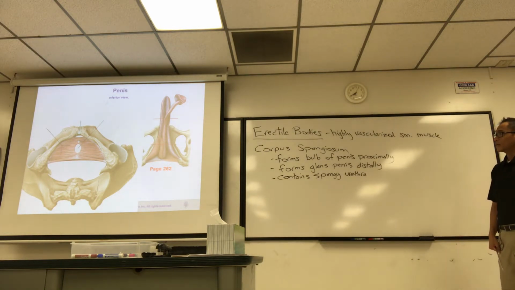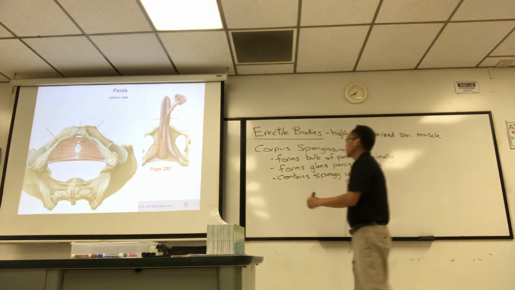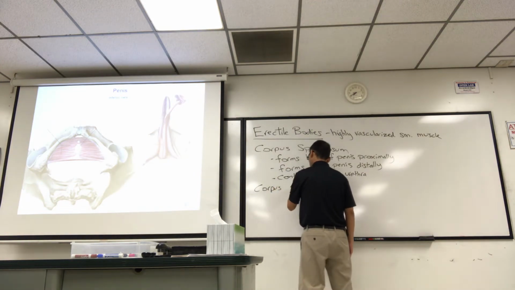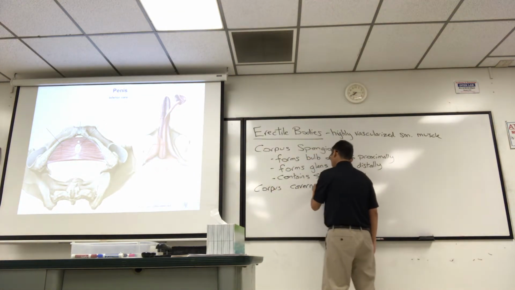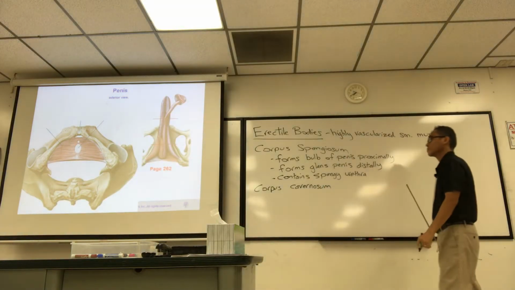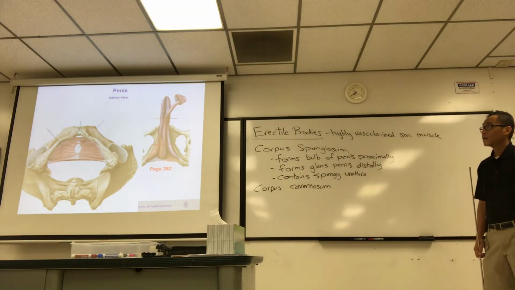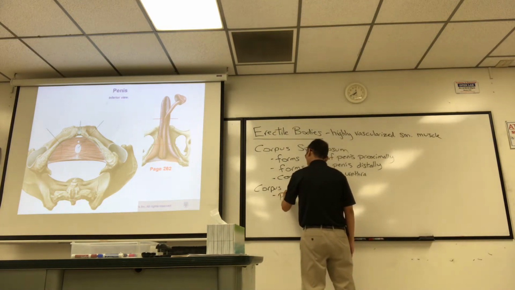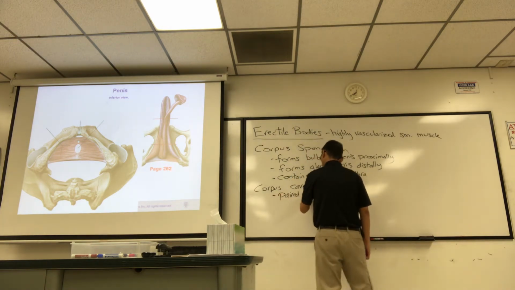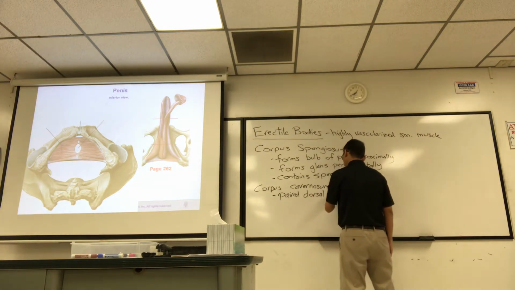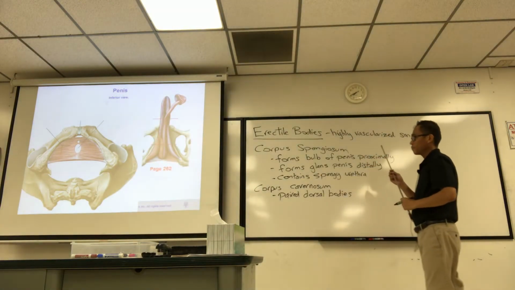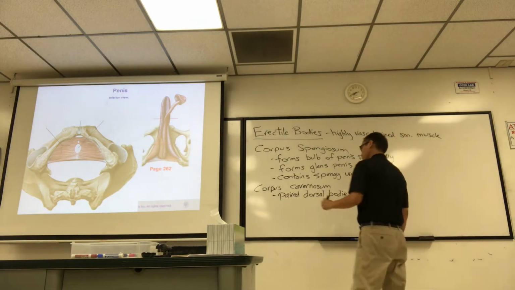The other erectile body is the corpus cavernosa. They're paired. They're usually described as paired dorsal bodies. They're also erectile tissue, and I'm going to write this.